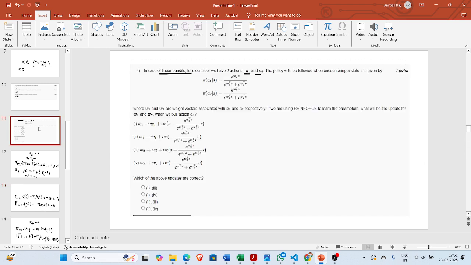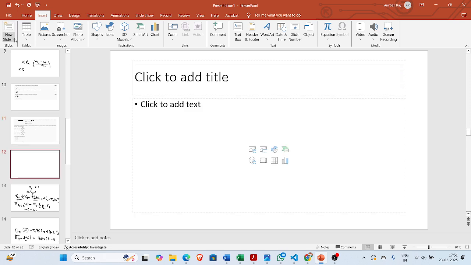Here the two parameters are w1 and w2. So writing the solution here, the formulation is like w2, and similarly for w1 as well.